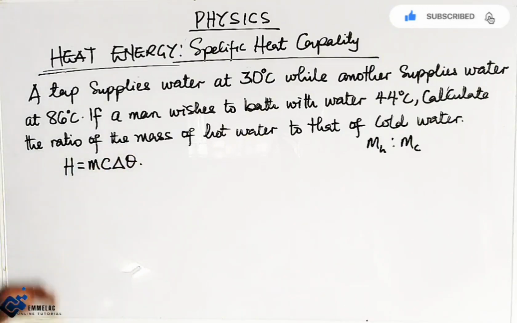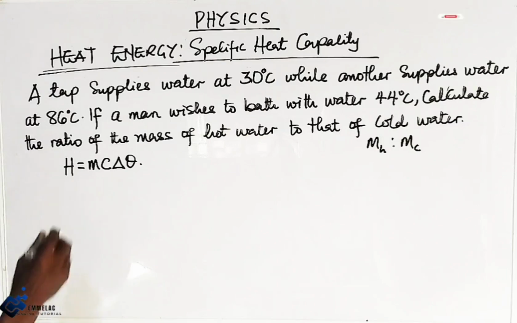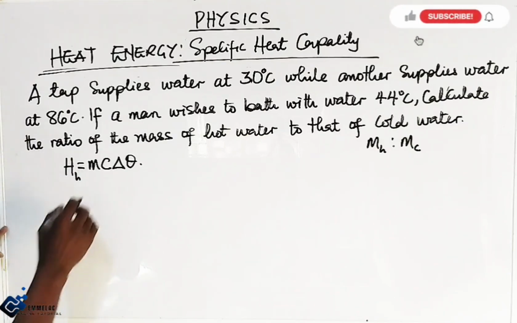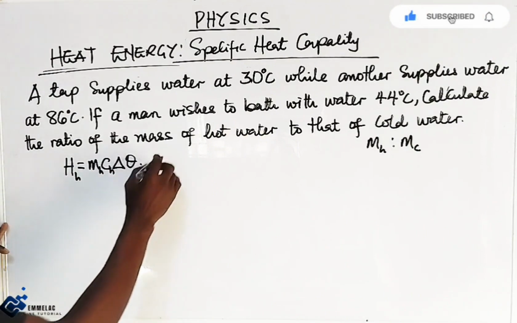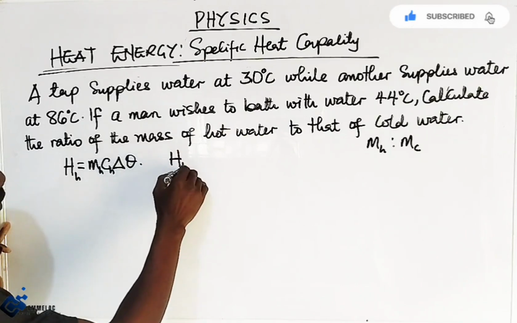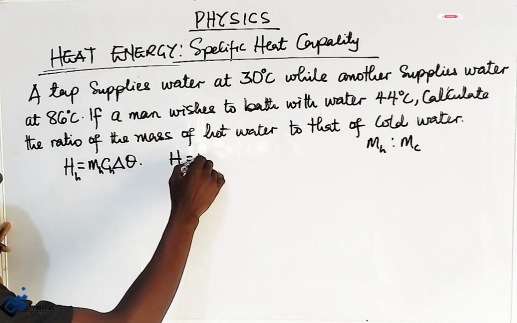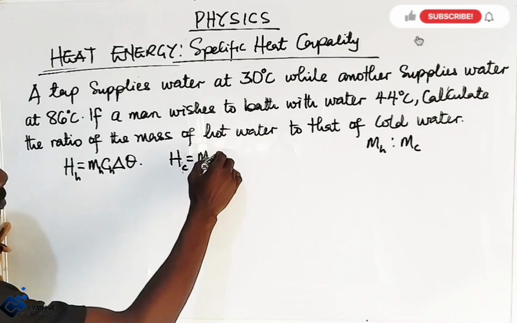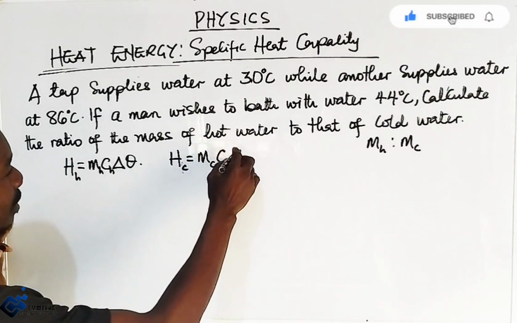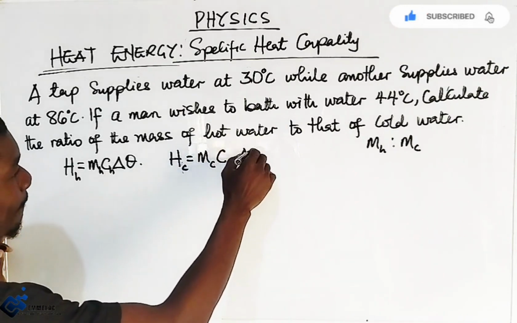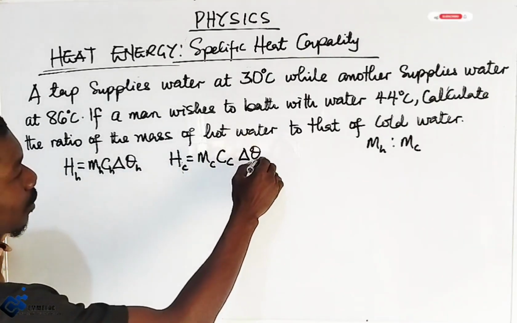Now let us assume that this is the quantity of heat released by hot water, so this is hot, and this is the heat also absorbed by the cold water, with C for cold. Now this is for the hot and this is for the cold.